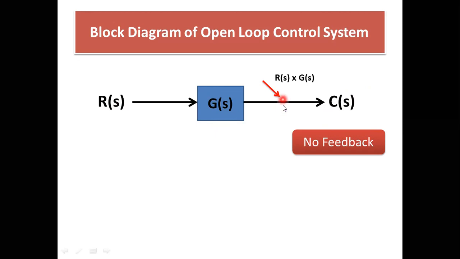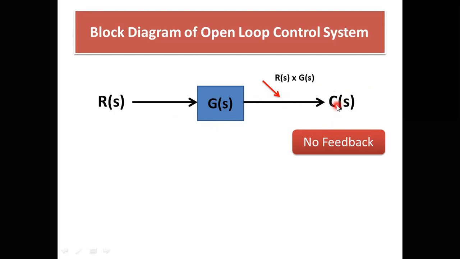Suppose at this point we are measuring this particular value of C(s). It means there would be some sensor at this point, with some sort of H(s), the sensor gain. Then the value of C(s) would be R(s) multiplied by G(s) multiplied by H(s).